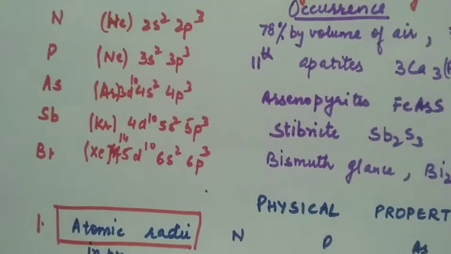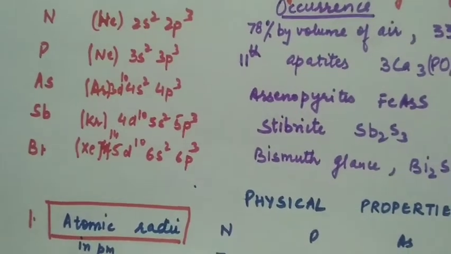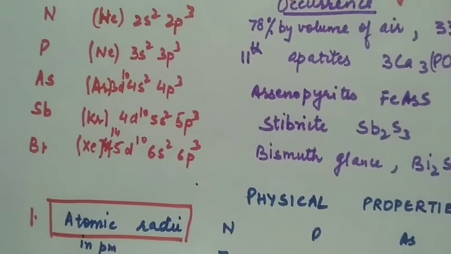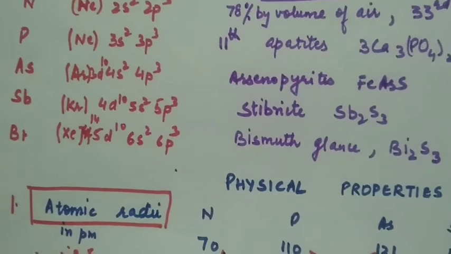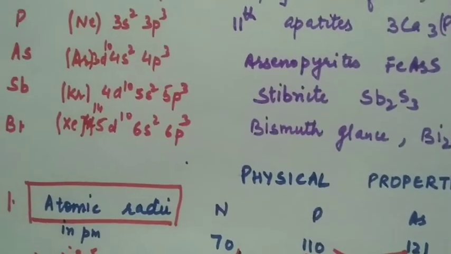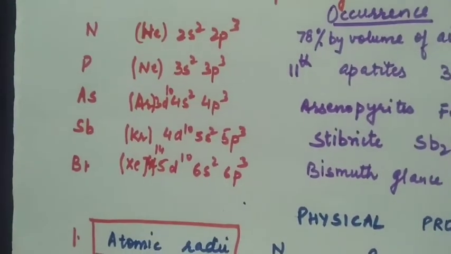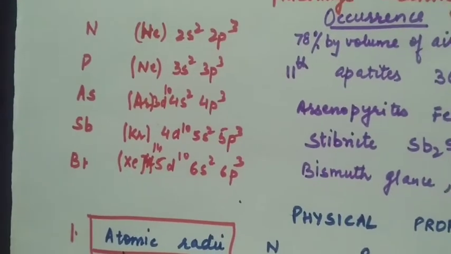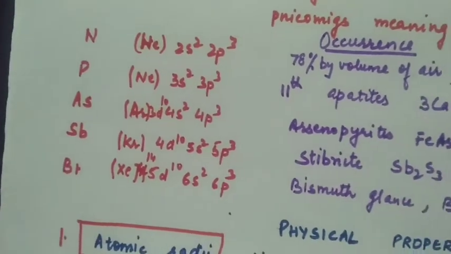Arsenic: argon 3d10, 4s2, 4p3. Antimony: configuration of krypton, then 4d10, 5s2 and 5p3. And bismuth: xenon, 4f14, 5d10, 6s2 and 6p3. So the last shell always has ns2 and np3 electrons.